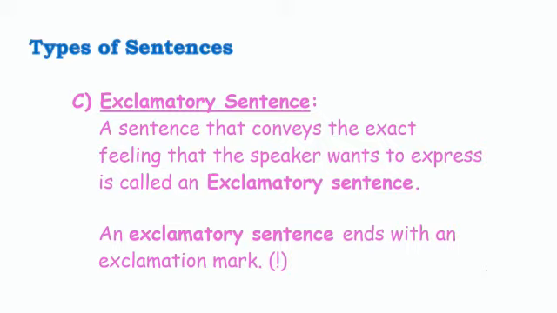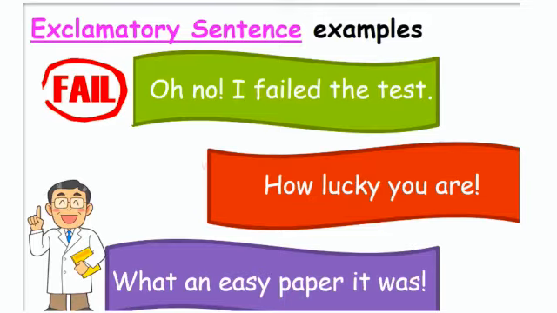How did you prepare for the competition? Did someone help you? What are your future plans? So all these are sentences that question somebody, and so we call them interrogative sentences. You can see the question mark at the end of each sentence, and so it's very clear that it is an interrogative. Now next comes the exclamatory sentence.